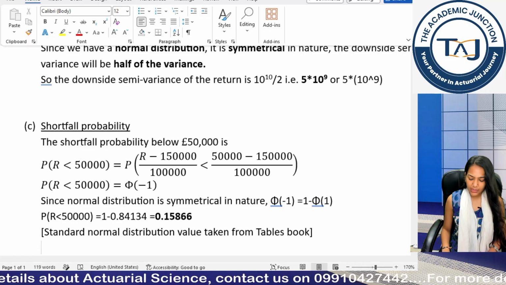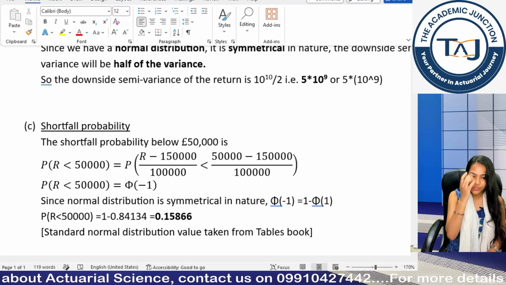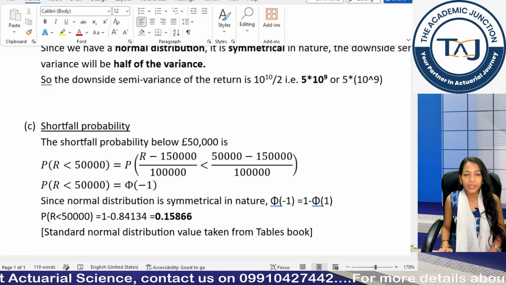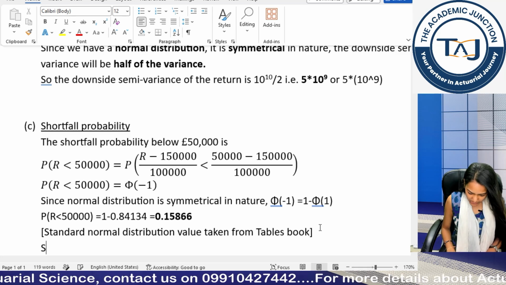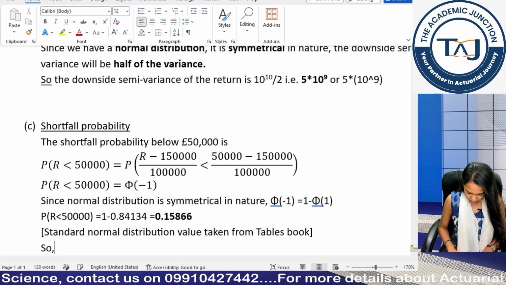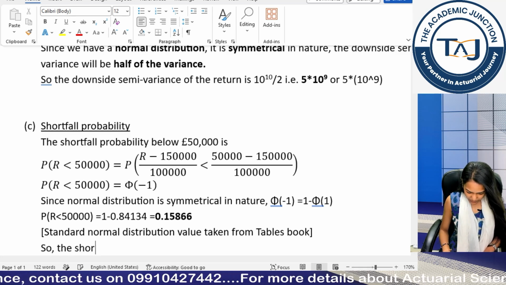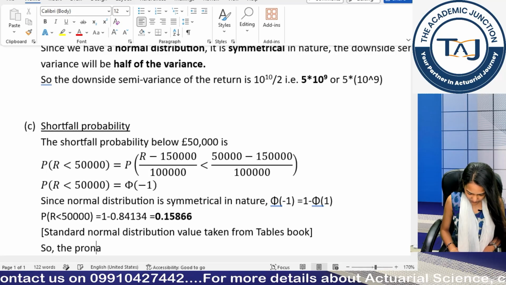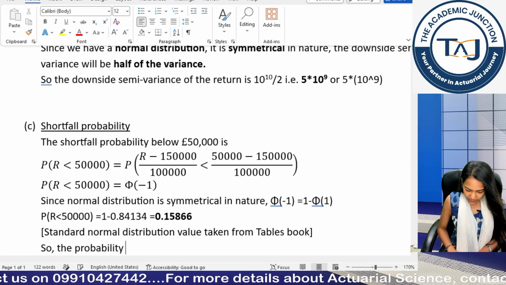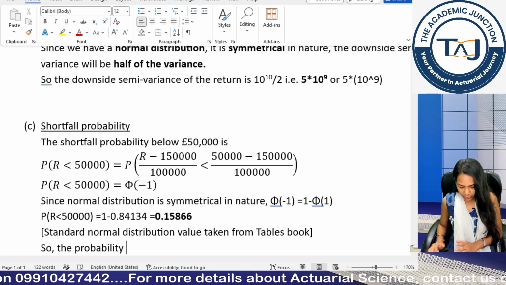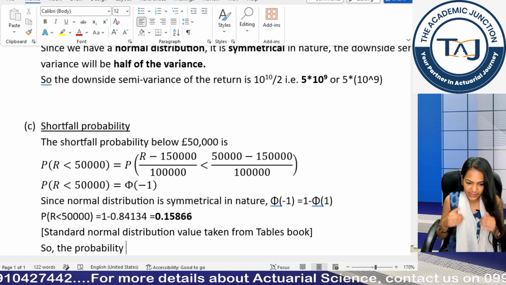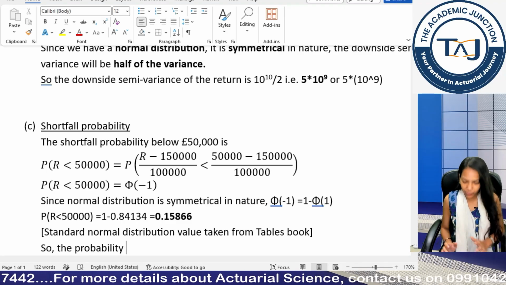So now again writing the statement of conclusion, since we are calculating the probability, it's better to convert it into percentages. So let me write it. I am also explaining the meaning of shortfall probability in my conclusion statement. So it's better that the examiner can understand that you know the concept of shortfall probability.